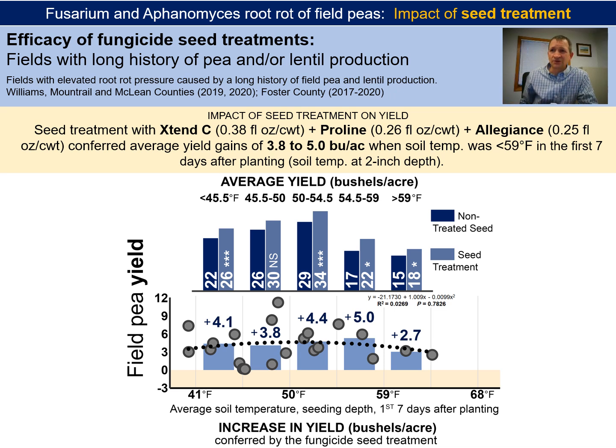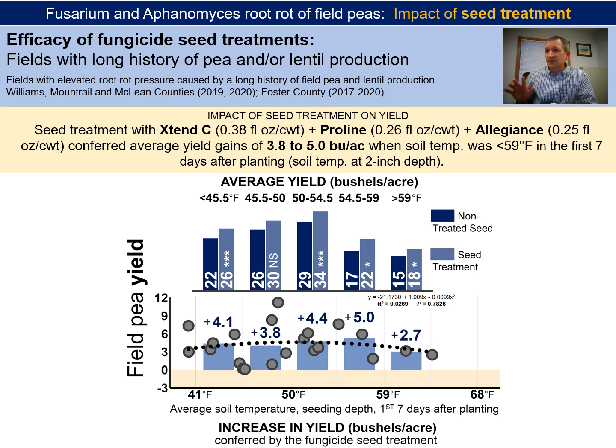into warm soils. Okay, and so really, if you're planting into these soils with elevated Aphanomyces and Fusarium pressure, you need to plant when the soils are relatively cool in order to give the peas a running start against this root rot complex.